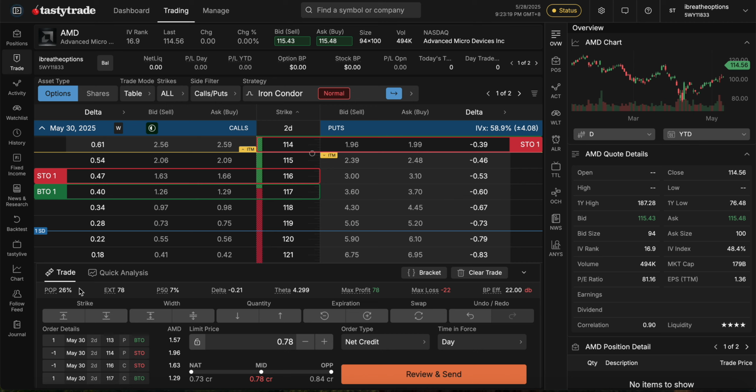Drop a comment below: what's your go-to delta when selling puts? For me, it's usually between 0.1 to 0.3. And for probability of profit, I will usually look at 75% or 80%. It depends on the feel of the price action of certain stocks.